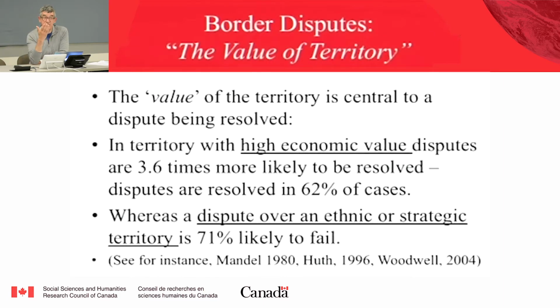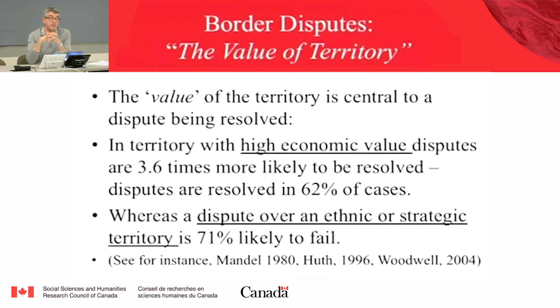Now, another thing that I think is really interesting, and much more critical of the court's decisions, is that when you look across all of the court decisions, one of the things that has been identified quite clearly in the literature is that the value of territory correlates extremely well with the ability to resolve a dispute.